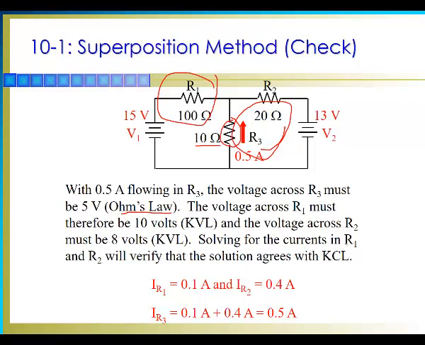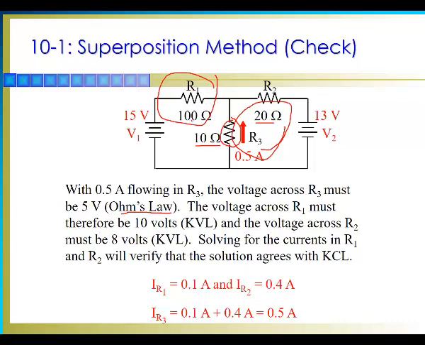So solving for the current in R1 and R2, we will verify that the solution agrees with KCL. If I already know the voltage and I know the resistance, so the 8 divided by 20 would be 0.4 amp. And in here we know that the voltage across this resistor was 10 volts.